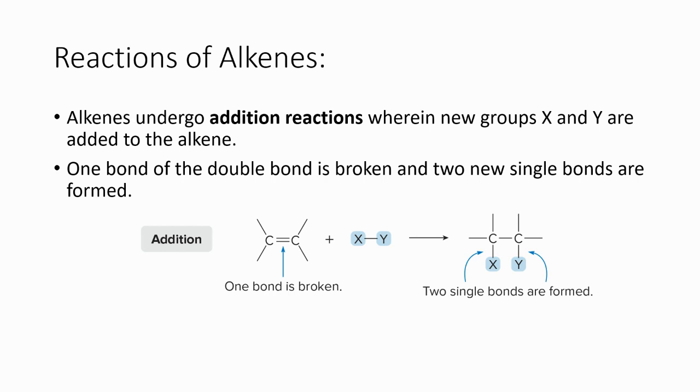This is called an addition reaction. We're adding something across the double bond. And the 2 we're going to talk about are on our paper here. We're going to talk about just 2. There's a whole bunch.